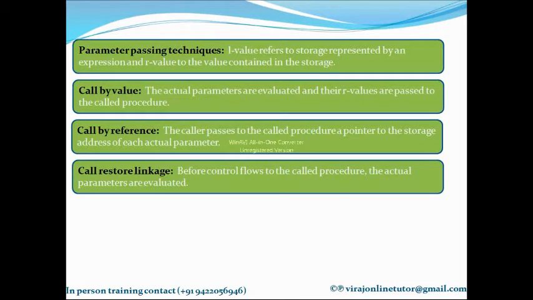The term L value refers to storage that is represented by an expression. So in this example, A equal to B, A is the L value. L value refers to storage represented by an expression.